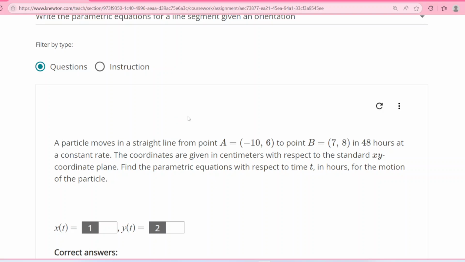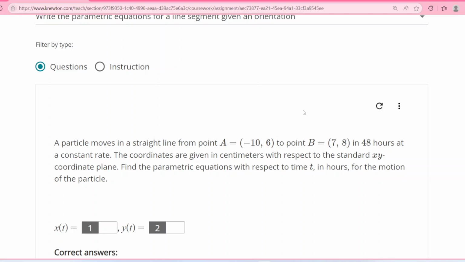Your constant speed would be that many centimeters per hour. I divide the length by 48, and then set up a parameterization so that when t equals 0, you're here, and when t equals 48, you're over here, moving along that segment. And the distance formula is not really super necessary here, as I'll show you.